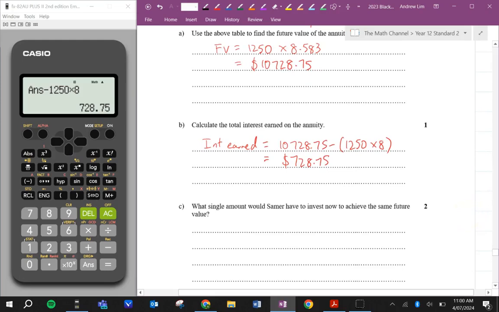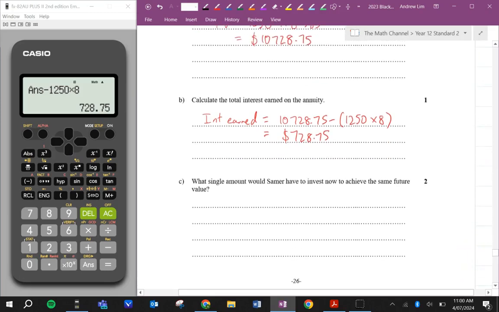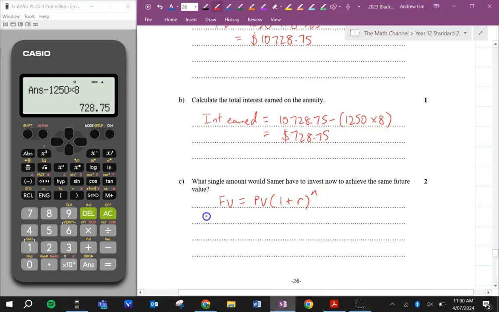What single amount would Samir have to invest now to achieve the same future value? So present value times 1 plus r to the power of n. Our future value was 10,728.75.